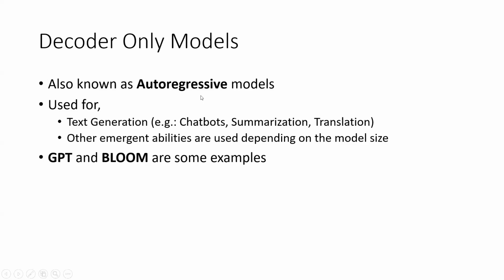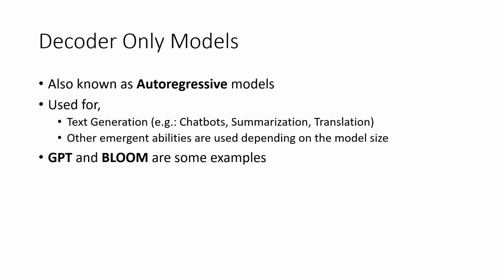And by scaling these models with larger and larger numbers of parameters, you can achieve emergent abilities, like I have mentioned, things like linear algebra, understanding jokes, psychological capabilities, and different abilities that were not possible with smaller models.